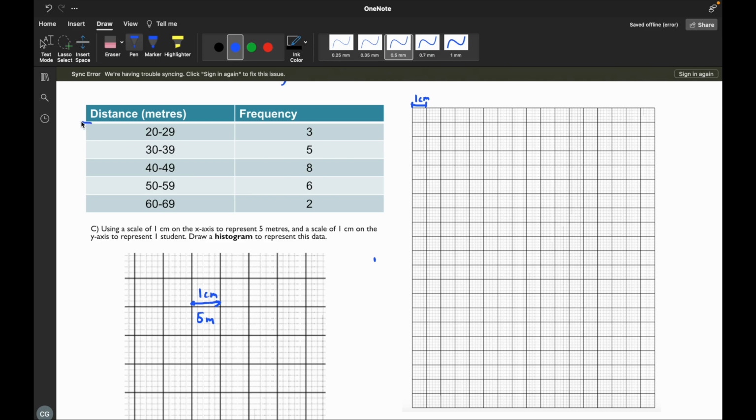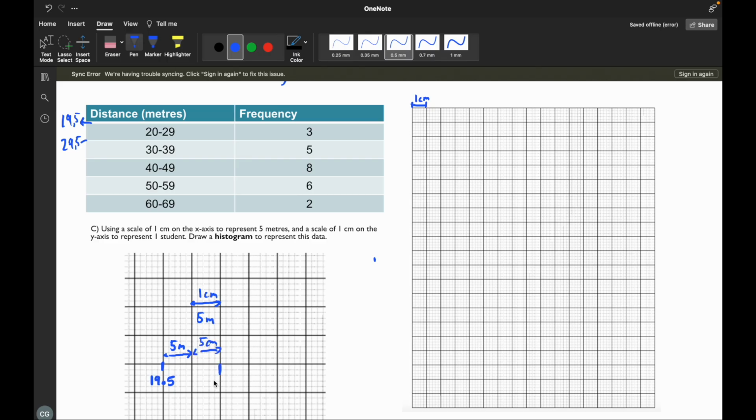What would be my lower boundary for this? 19.5. So when I'm here, at 19.5, from here to here represents 5 meters. Now I need to get to 29.5, but how far away is 29.5 from 19.5? 10. So 2 boxes would represent that.